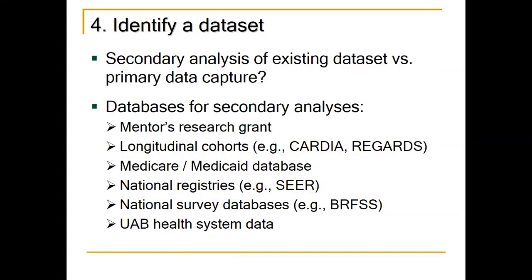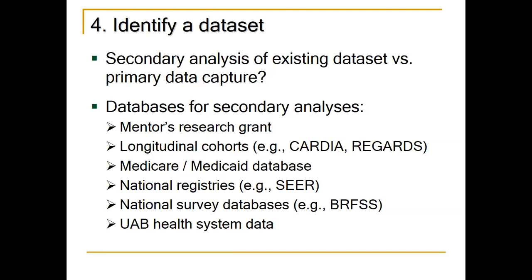So a next step, and I will also say I'm doing these as steps, this is by no means sequential. I'm going to list them off at the end, but these are things you're doing not in sequence, but in parallel. So in terms of a data set, are you going to do a secondary analysis of an existing data set? Are you going to do primary data capture? There are so many data sets out there and available. It could be your mentor's research grant. There are longitudinal cohorts.